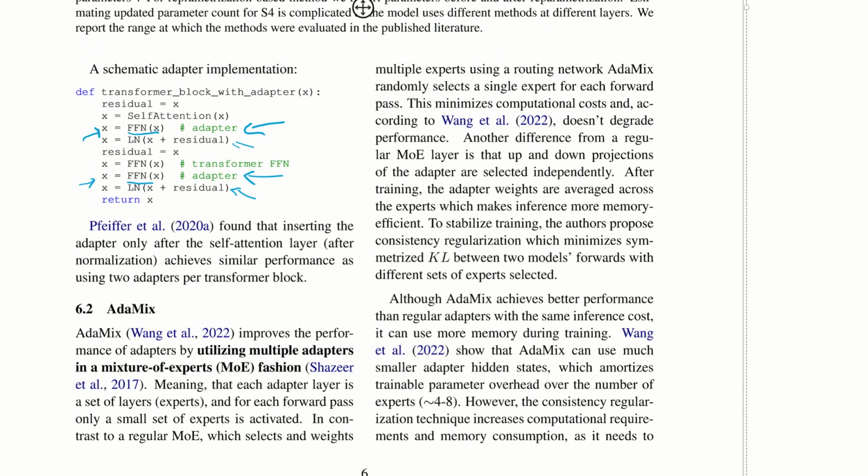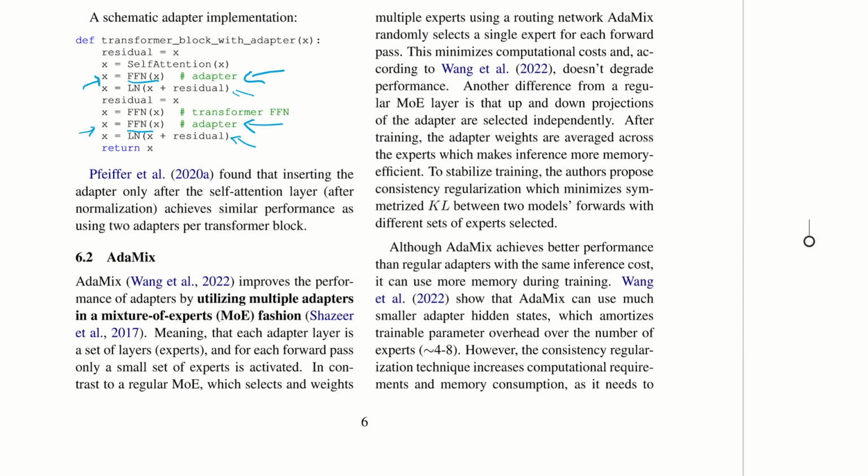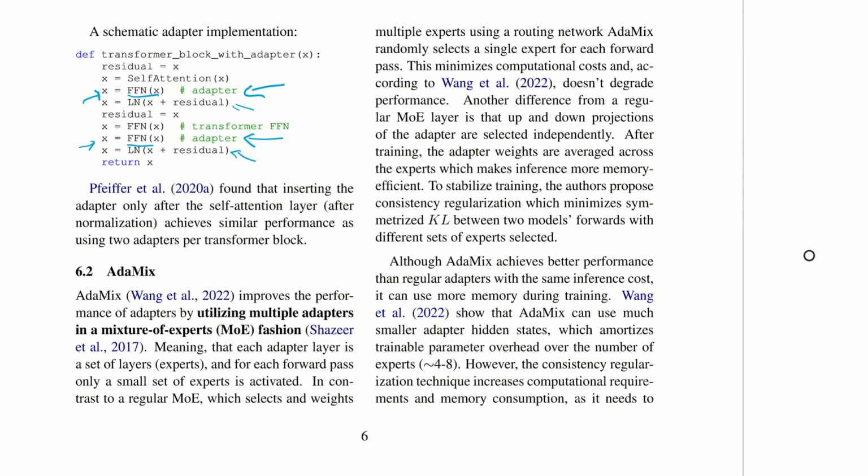AdaMix is, since you know this, relatively straightforward to understand, except. So what they do in AdaMix is they use the idea of mixture of experts, or if you're familiar with ensembles, that is what this is, but they use it in the context of adapters.